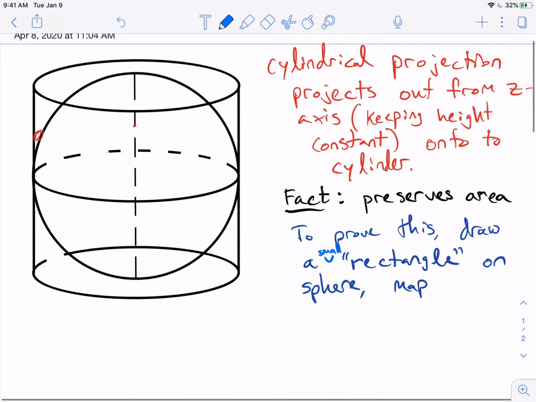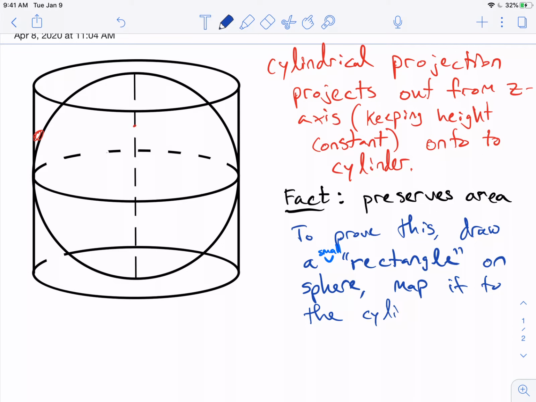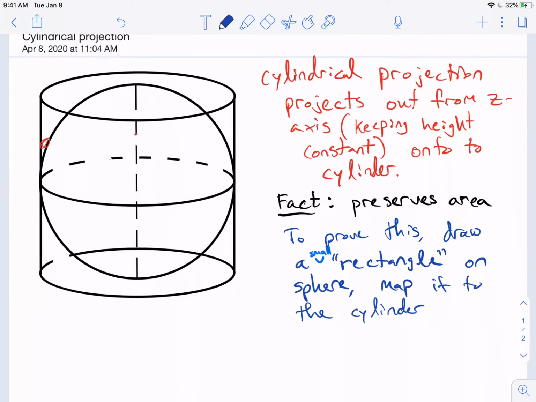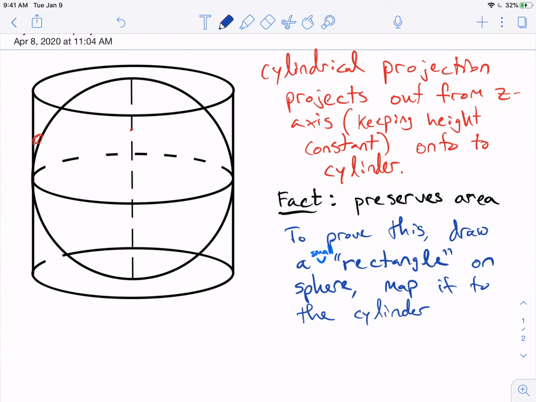And then we're going to map it to the cylinder and check that the area hasn't changed. Okay.